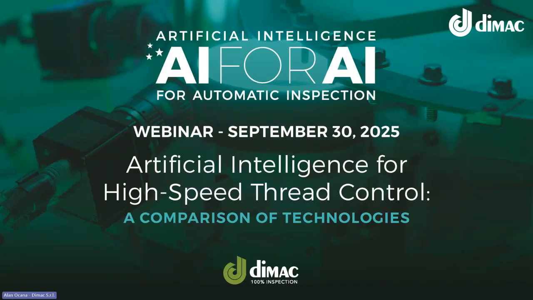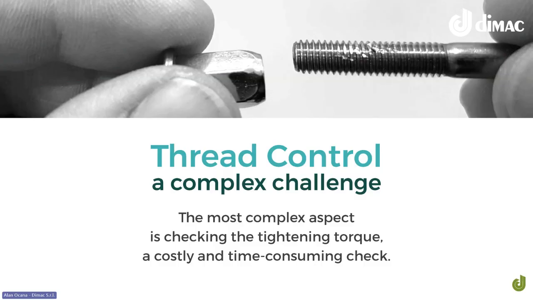Welcome, everyone, and thank you for joining us today. In this session, we'll explore how artificial intelligence is transforming one of the most challenging areas of fastener inspection, which is thread control. All right, so let's start with the basics. Thread inspection has always been a tough nut to crack in automated quality control.